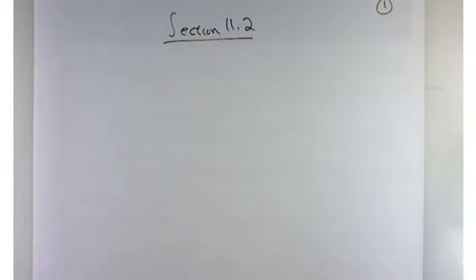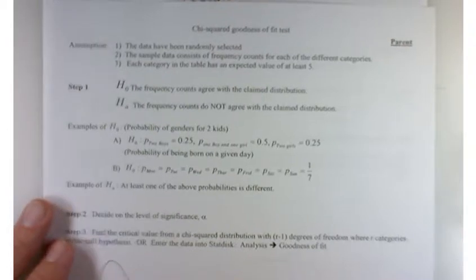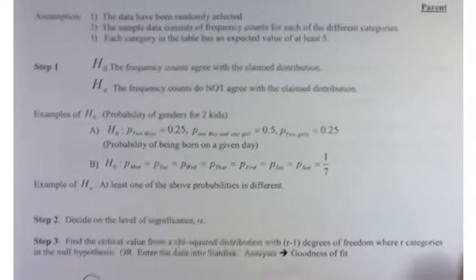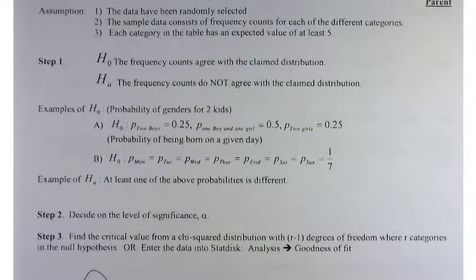It's called the chi-squared goodness of fit test. Now, there's going to be two chi-squared tests that we're going to do back to back. This first one is a goodness of fit test. Basically, it's asking, does your expected values match what you actually observed? I mean, how close are they? You're not going to completely expect things to match, but you should be able to get pretty close.